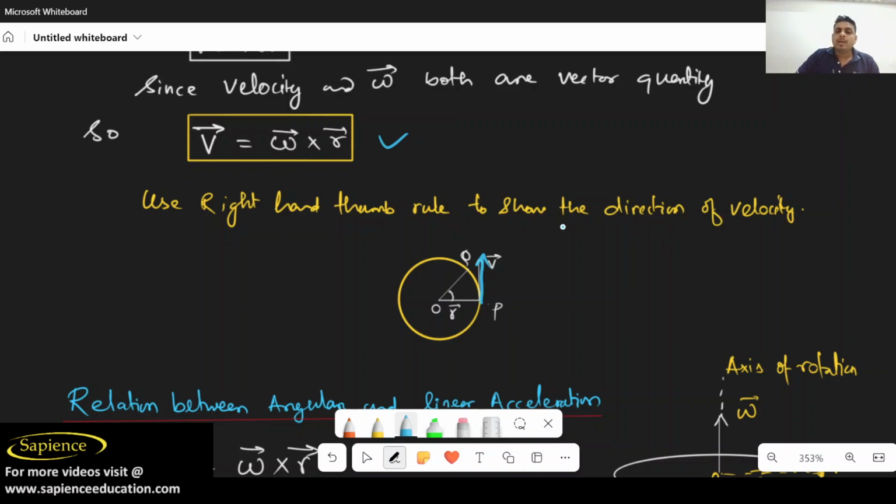This shows the direction of velocity. So velocity is in this direction, and omega and the radius are in these directions. See, this is the radius.